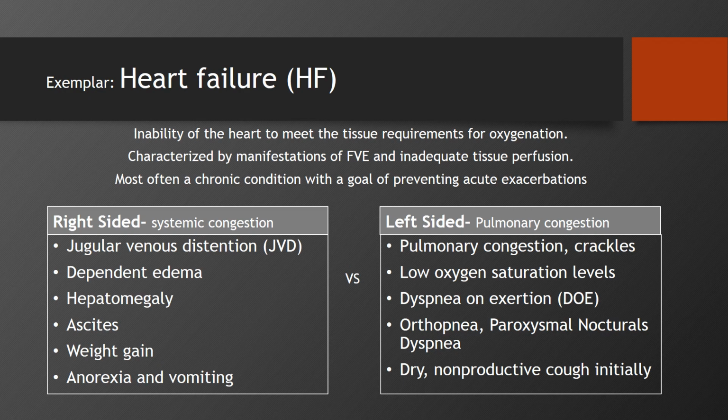That's because you have increased fluid circulating around. So if you have someone laying in a bed and you notice in their head of the bed is between 30, 45 degrees and their jugular vein is distended, that shows that they may have fluid overload, which can be contributed to right-sided heart failure.